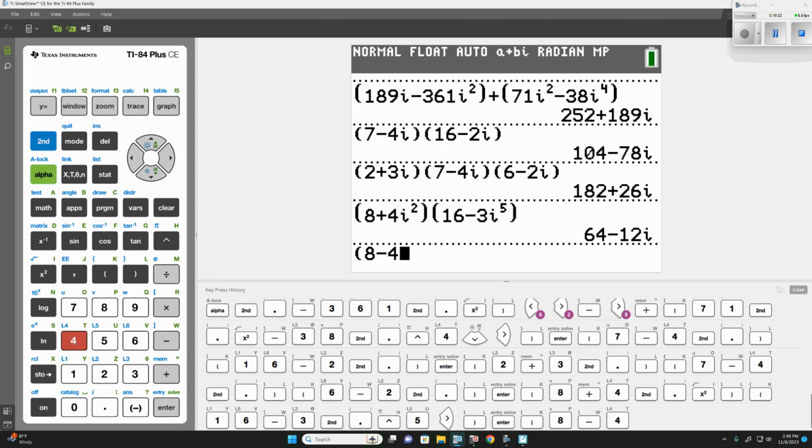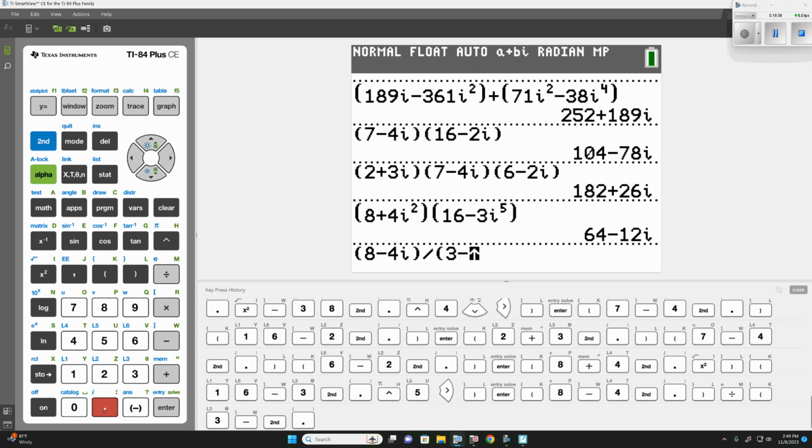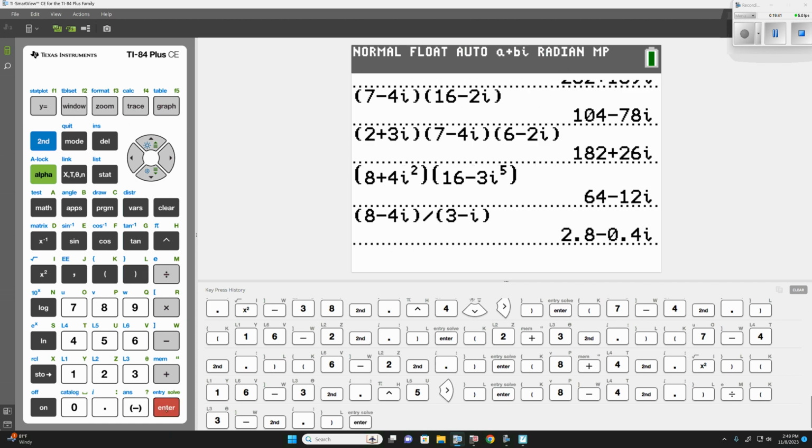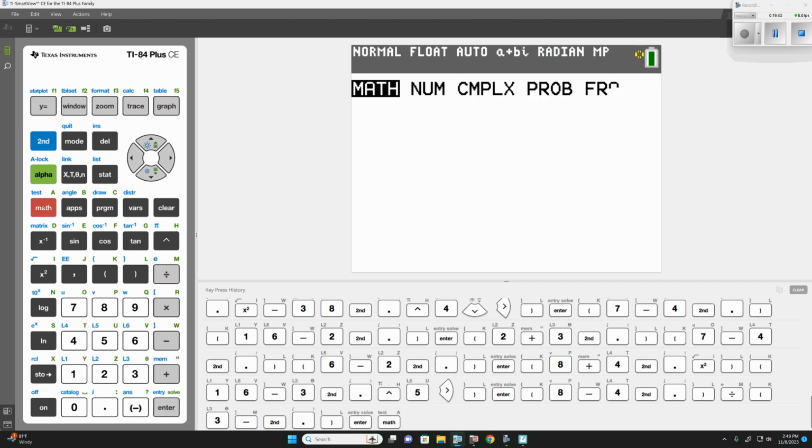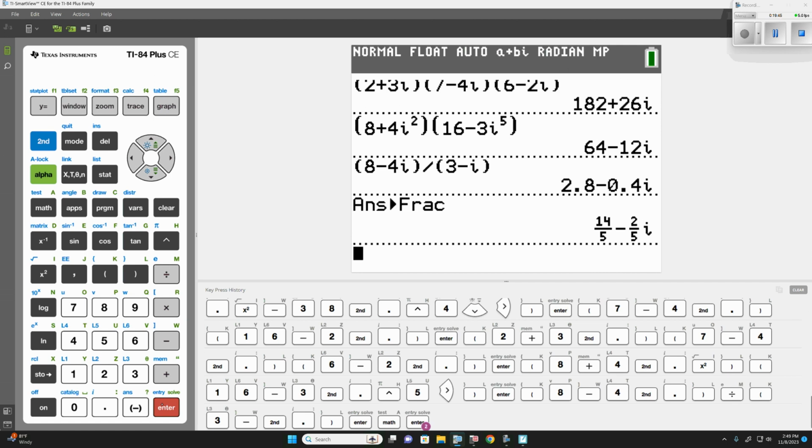Our 8 minus 4i divided by 3 minus i is this here, math, enter, enter. We get 14 fifths minus 2 fifths i.